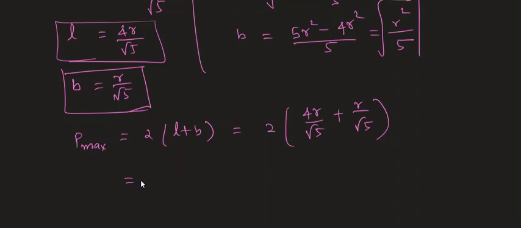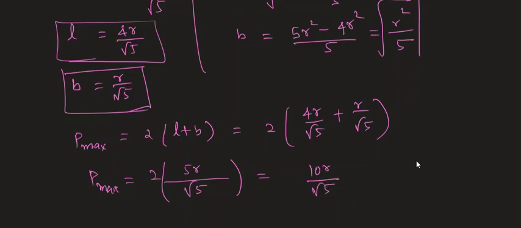So that is equal to 2 into 5r by root 5, taking the LCM, 4r plus r is 5r. So P max is equal to 10r divided by root 5.